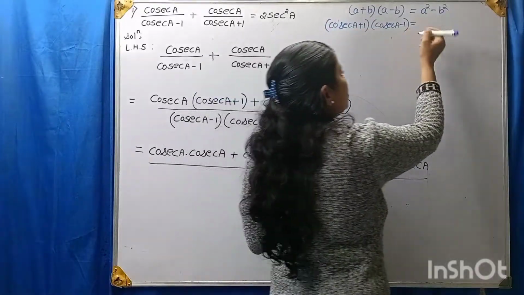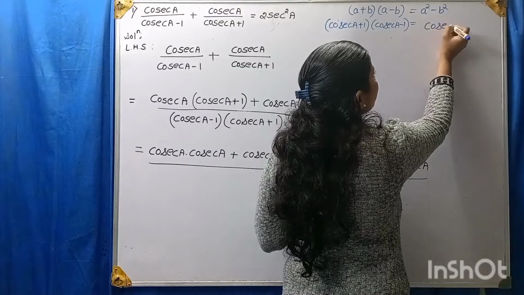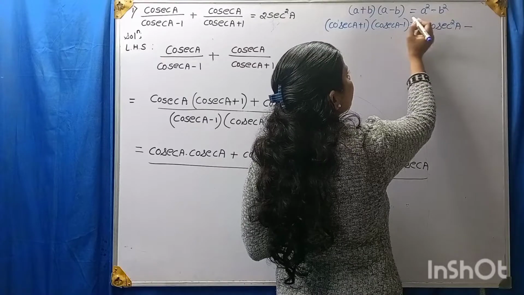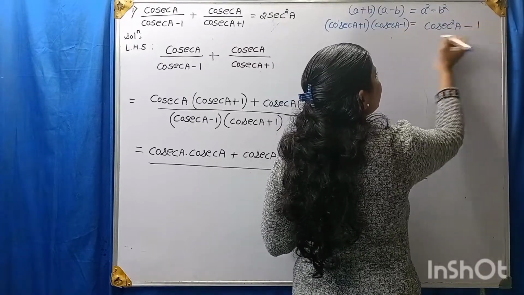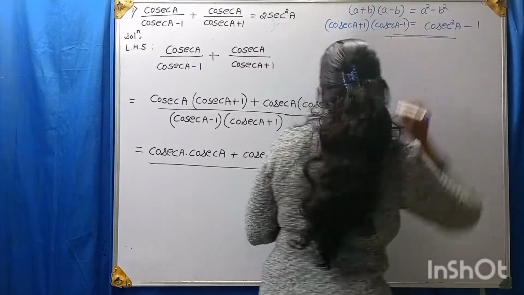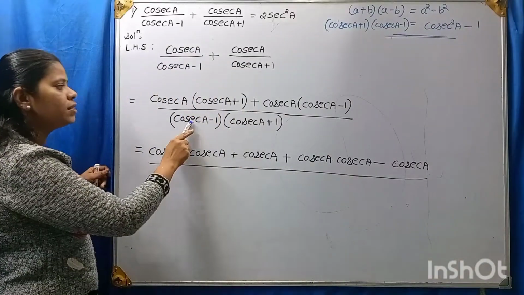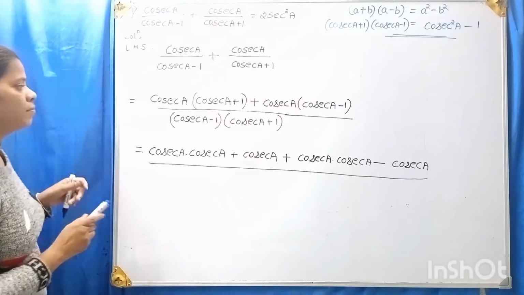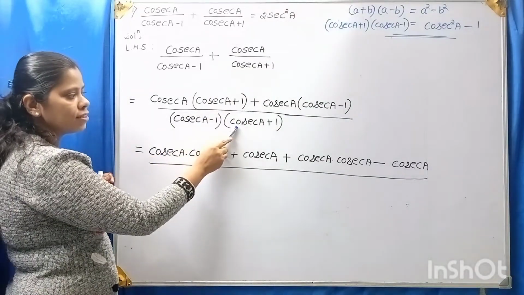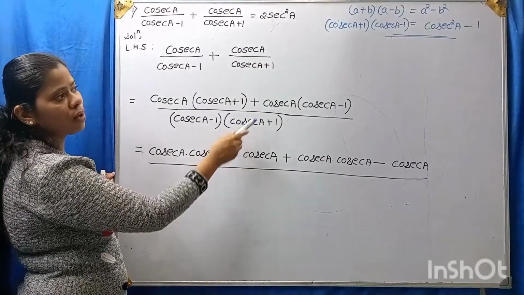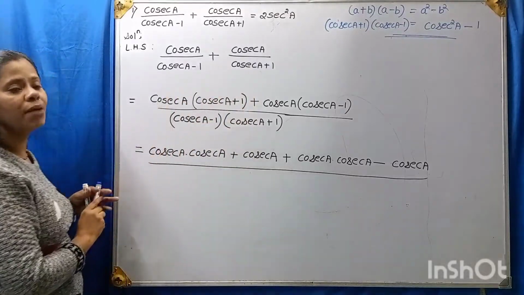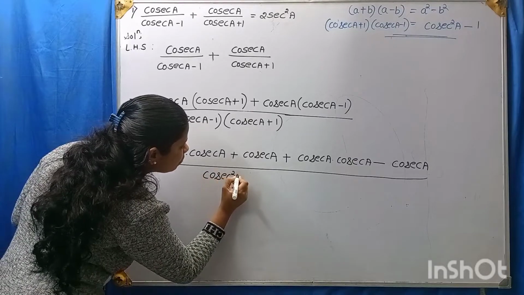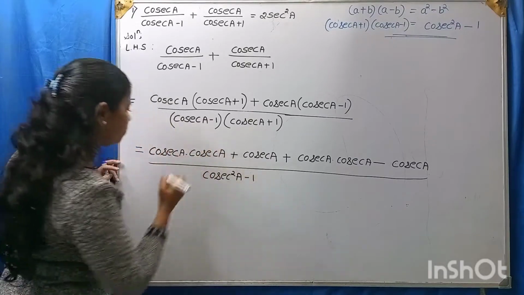Therefore A square will become cosecant square A minus B square, which is 1 square, we can write it as 1. So cosecant A minus 1 into cosecant A plus 1, I will write as cosecant square A minus 1.